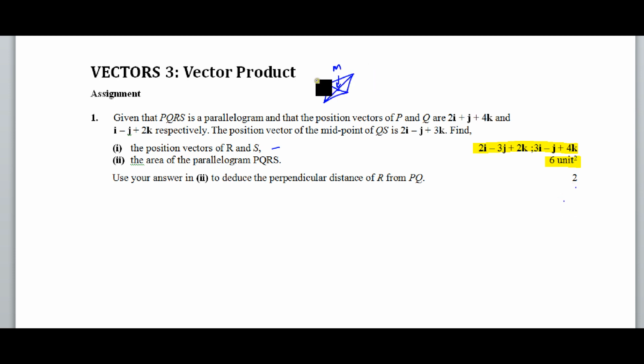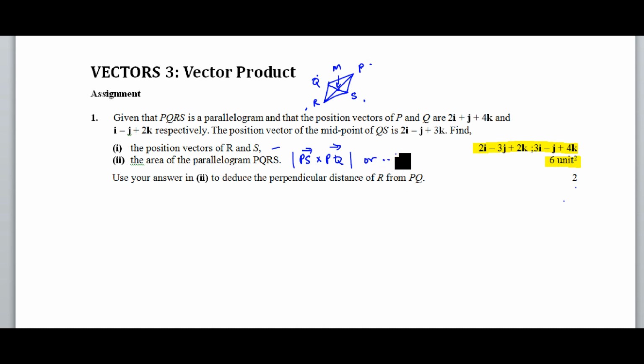Right, so the midpoint of PQRS, midpoint of QS should be equal to midpoint of QR, and you definitely can get what is OR and OS, no big deal. Area also no problem. You just take any two sides, you just take PS cross PQ, and we are done.